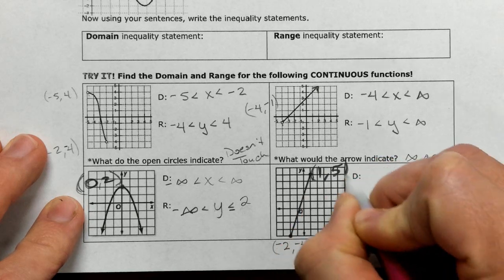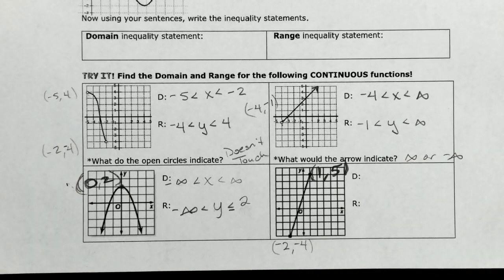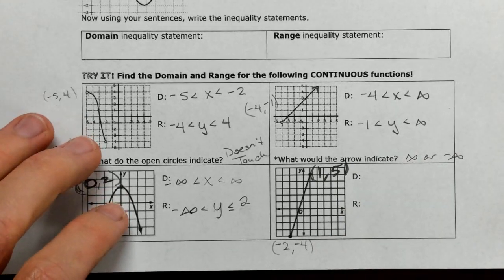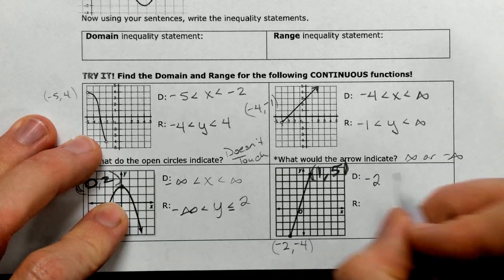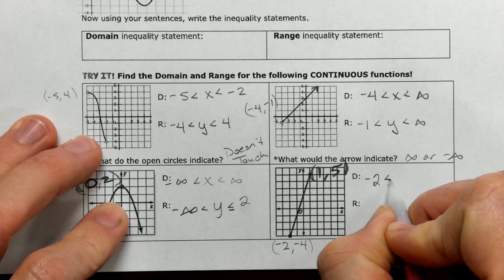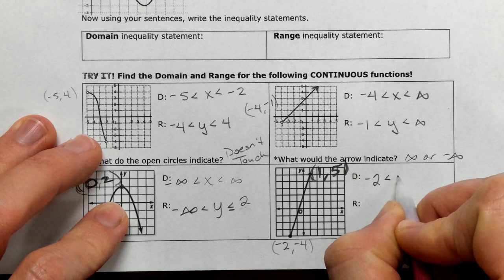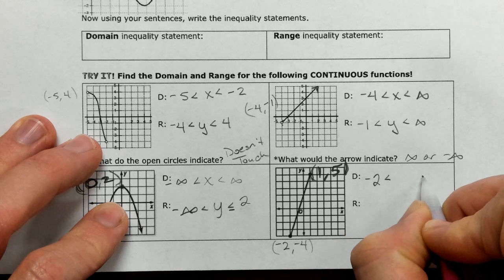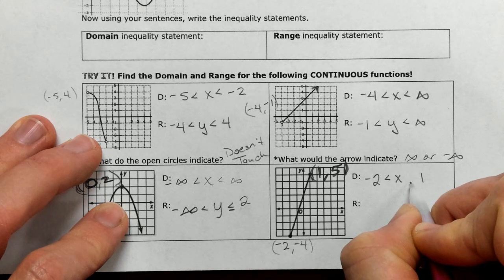Since moving -4... Okay, we're talking about the domain first, remember. -2. Good. Less than... Okay. Negative 1. Okay. Or... x. What goes here, Taylor? Less than.